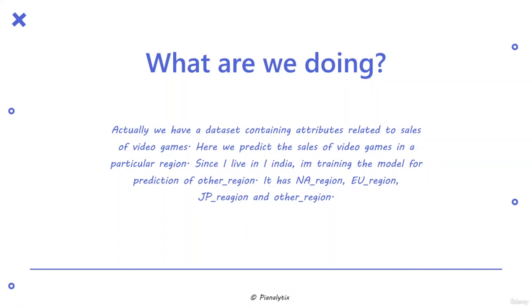Okay, the spelling is wrong, but JP region, and all the other regions are accumulated and set into the other region. So since I live in India, I'm going to be a little partial and predict the other region parameter.